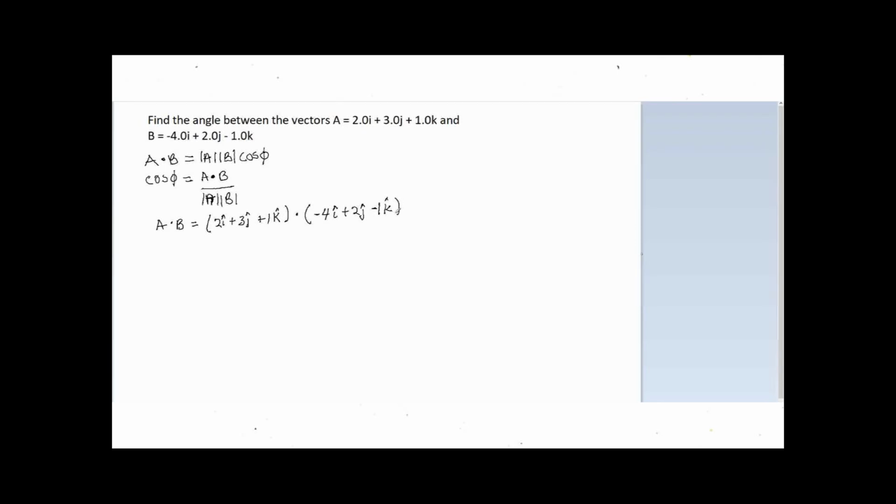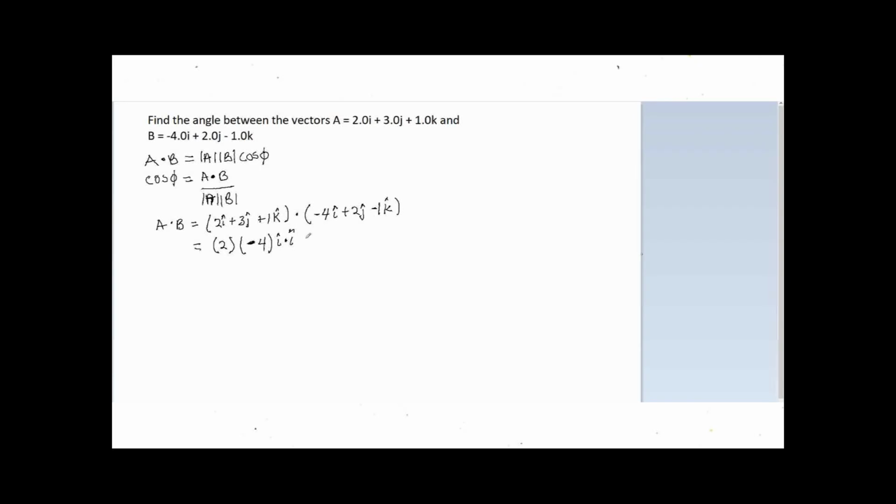If you are doing the dot product, we have to multiply corresponding things. So this will be equal to 2 times negative 4, then we have i dot i.